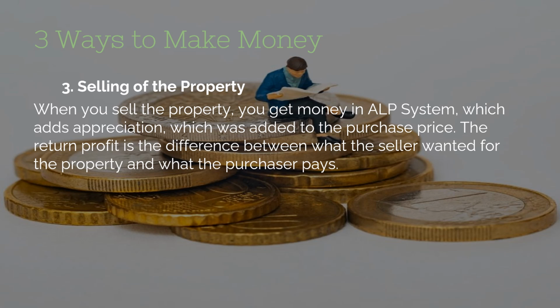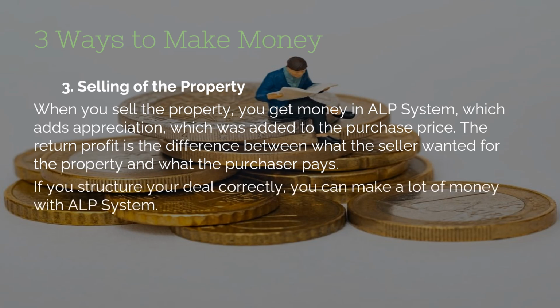For instance, the difference can be between $45,000 to $100,000 depending on, let's say you bought the property for $300,000 and you're selling it for $345,000. So then the profit is $45,000. If you structure the deal correctly, you can make a lot of money with the ALP system depending on the agreement. Normally I make anywhere from $30,000 to $100,000 per deal. We'll discuss the three ways in the following in detail.